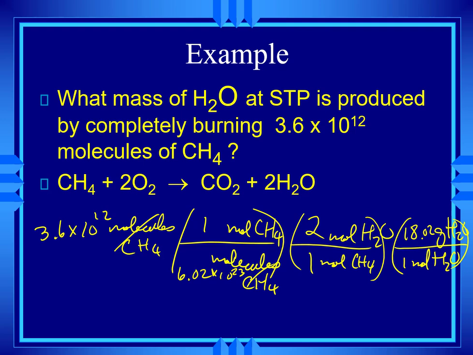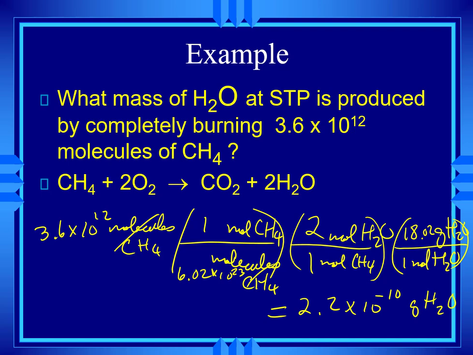So I push those buttons. 3.6 EE12 divided by 6.02 EE23 times 2 times 18.02 equals 2.2 times 10 to the negative 10th grams of water.